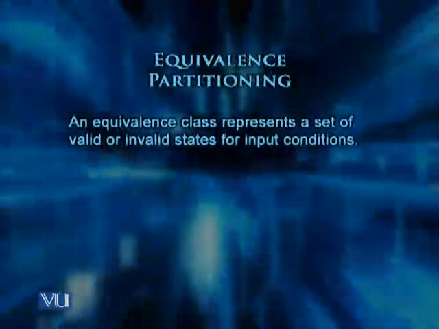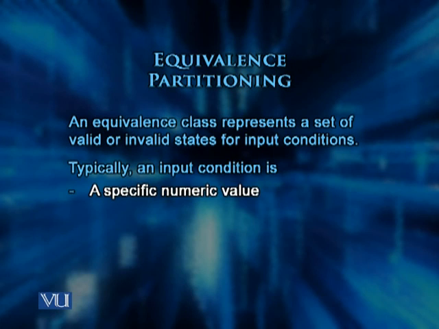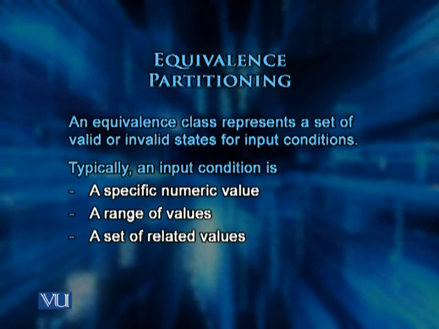An equivalence class represents a set of valid or invalid states for input conditions. And so the first step, as I said, is going to be to separate the possible input values into valid sets and invalid sets. This is an example that I've given to you for an integer. Typically, an input condition may be a specific numeric value, a range of values, a set of related values, a Boolean condition.